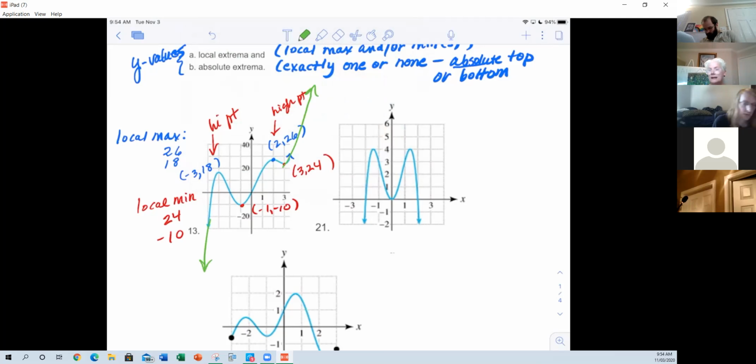So that means that it never reaches an absolute high point or an absolute low point. So there are no absolute extrema. Okay, so for part A, the local maxes are 26 and 18, and the local mins are 24 and -10. And if you're asked where do they occur, then you want to name the x value. And then there are no absolute extrema.